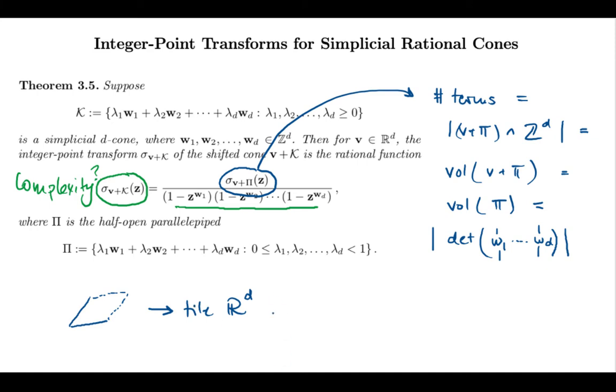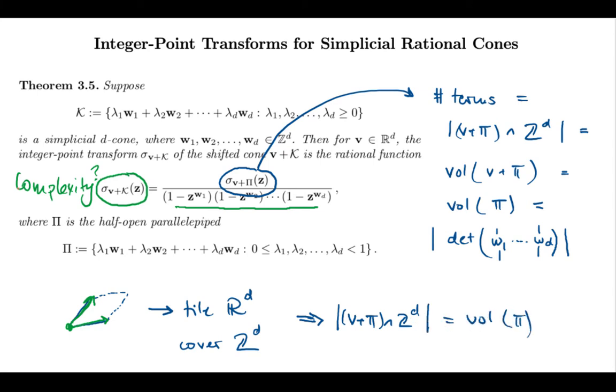And so I claim, if you think that my tiling also has to cover all of Z^d, and my generators, no matter what vertex down here is, my generators are integer vectors. That means in each translate I see a copy of the integer points in the original parallelepiped, and I claim because of this the number of integer points has to be the volume.